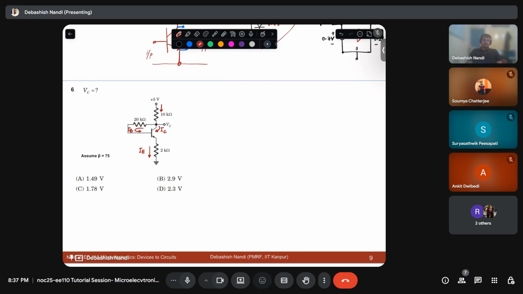That is IE. So please understand very carefully that the resistance connected to the collector does not imply that IC will be flowing through that. IC is the current that is flowing into the collector. That is this current. There is another node present here. So that is making my IE flow entirely in that 10 kilo ohm collector resistance. Okay.